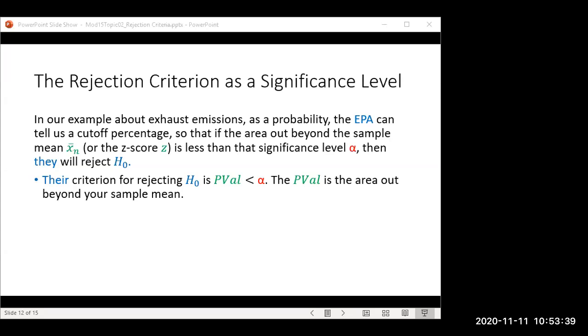That's your p-value. And if that's less than alpha, then your evidence has eliminated a reasonable doubt. Now, the idea of alpha is it's kind of like how much doubt is reasonable doubt.